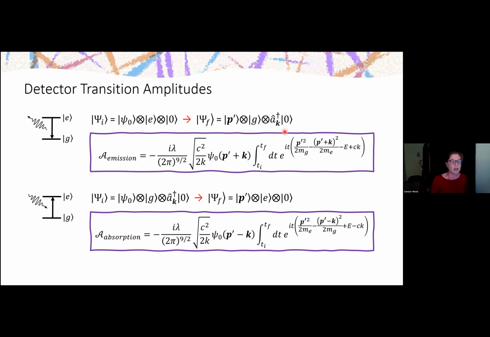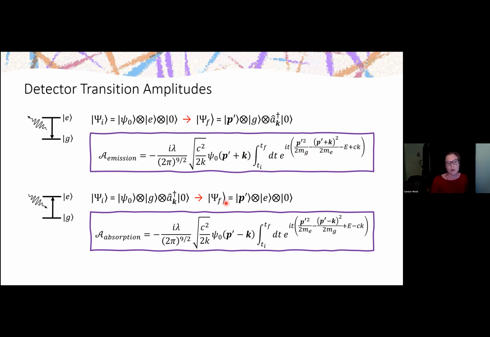And in the transition amplitude, which we've calculated here to first order in perturbation theory, we can see the conservation of momentum here in the wave function. And under the time integral here, we see that the masses do indeed play a role. And we can see how the changes in mass and energy are expressed here. And if we take these bounds to infinity, energy is conserved.